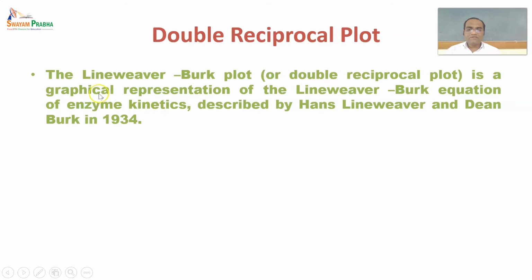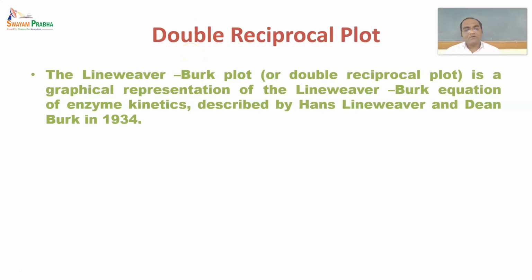This equation is related to enzyme kinetics, as we have seen in the case of receptors. There are 4 types of receptors, and one of them acts by an enzyme, or even a G protein coupled receptor, where G proteins are responsible for activation of enzymes. For that purpose this double reciprocal plot can be utilized.